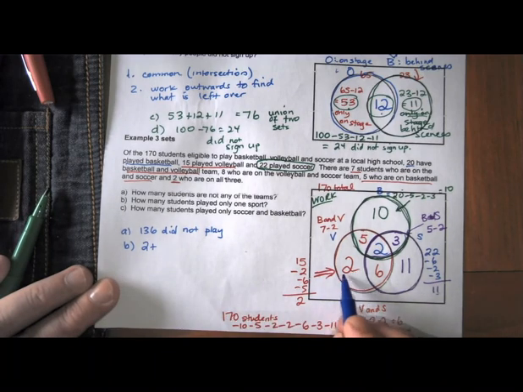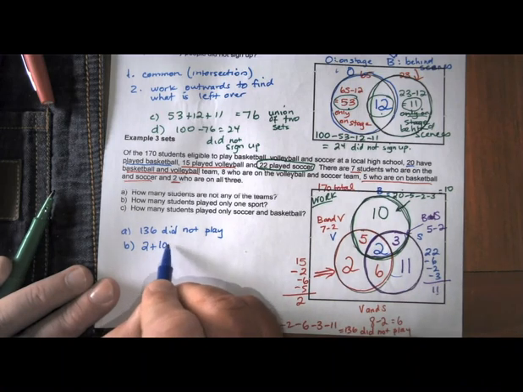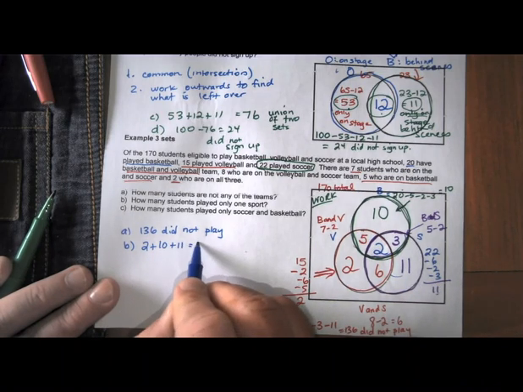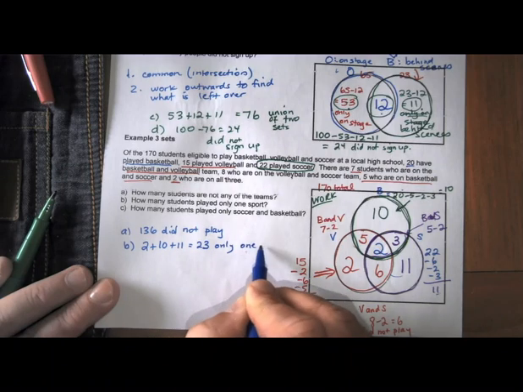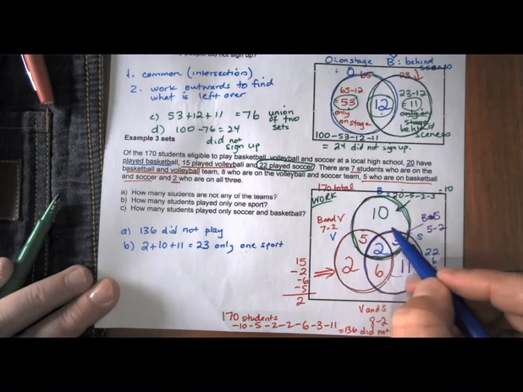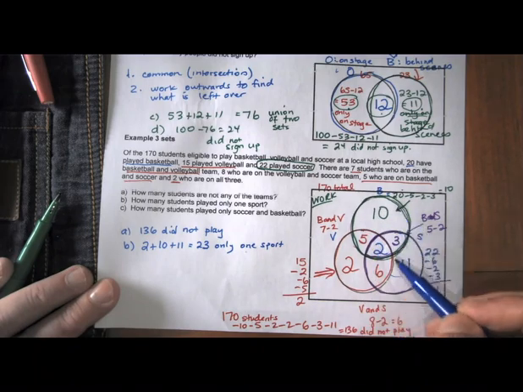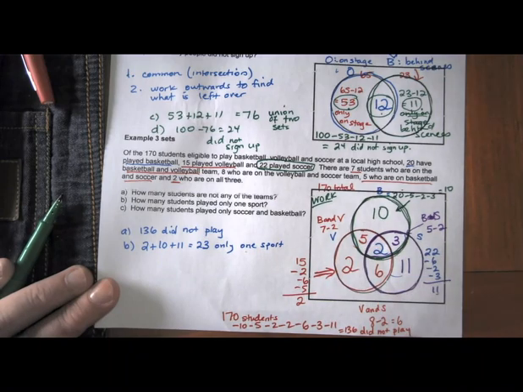So this part plus this part plus this part, because there's no overlap of other rings around that. There's no overlap on this one or this one or this one.